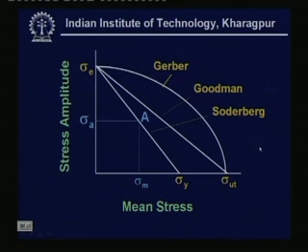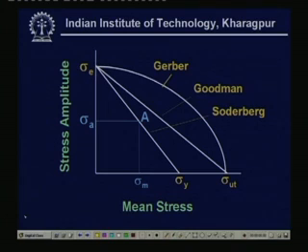Now, if we consider this line, then what we can see is that we considered this as sigma mean stress and this is sigma A, that is the stress amplitude, and let us consider a line which represents the Soderberg line.